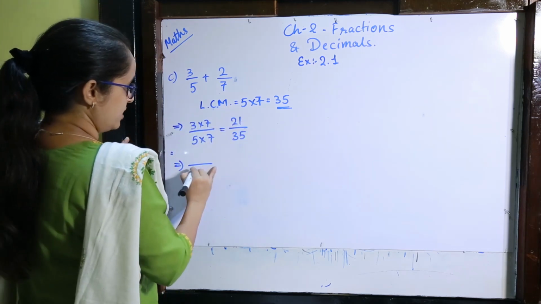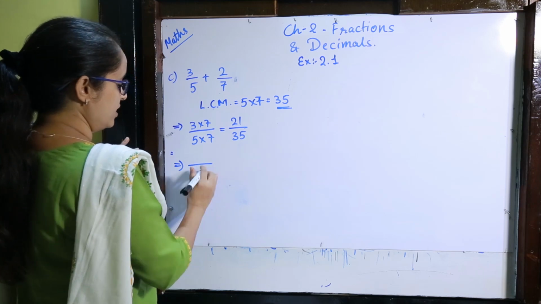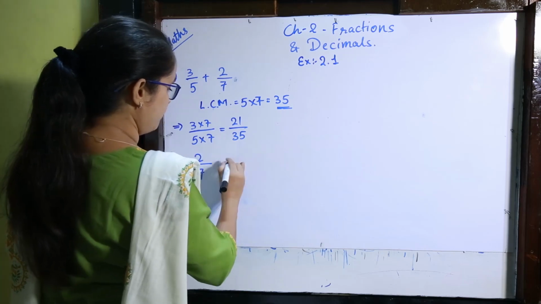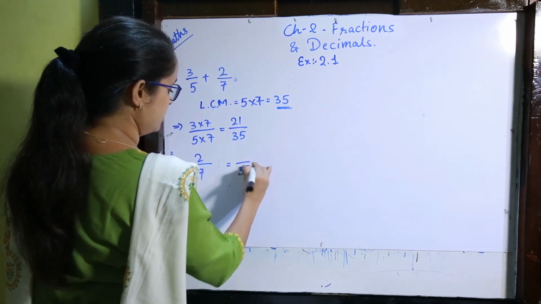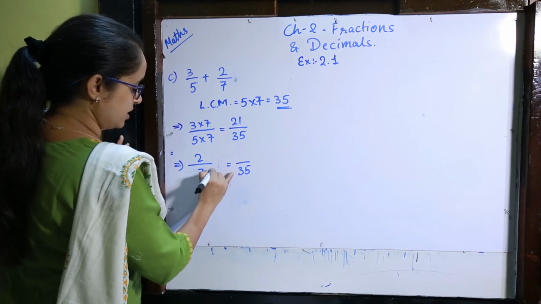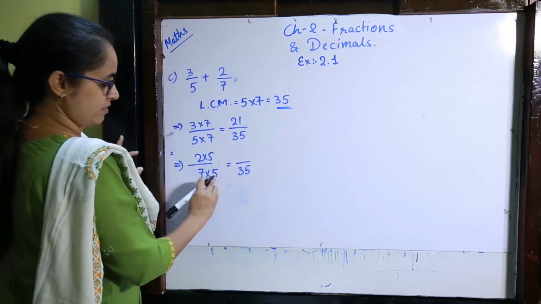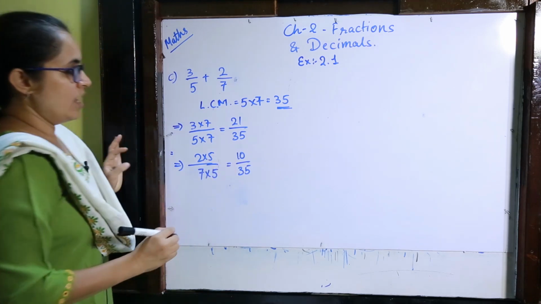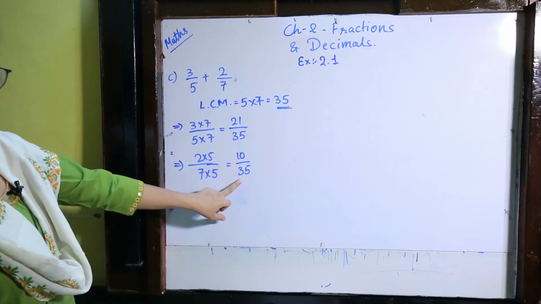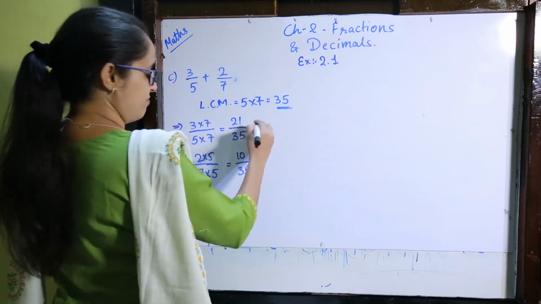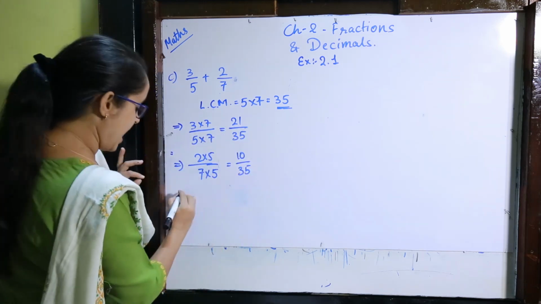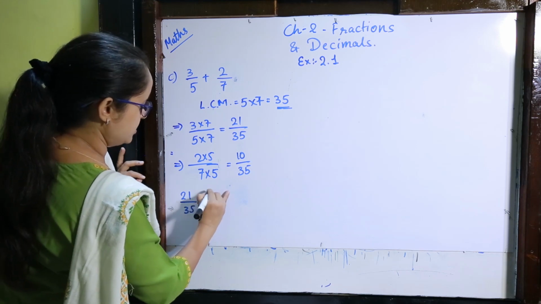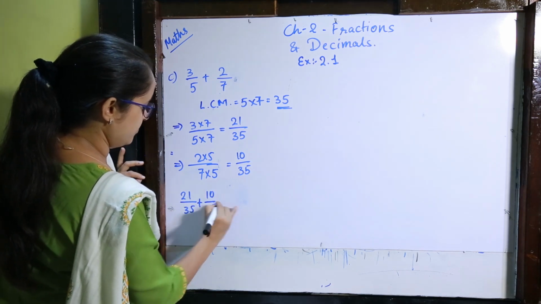Similarly, to get the 35 in the second fraction as the denominator, again you have to multiply with the 5, because 7 5s are 35, 2 5s are 10. So you are having two numbers having the same denominators, that are called like fractions. Now you have to simply add these two numbers, 21 upon 35 plus 10 upon 35.